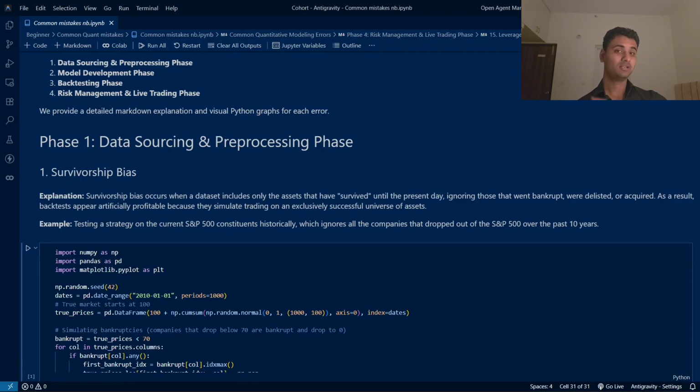Let's say you create your entire model and you didn't include companies that got delisted, and your model was already in a long position in Lehman Brothers in 2008. That will create a really big drawdown and will decrease your CAGR.